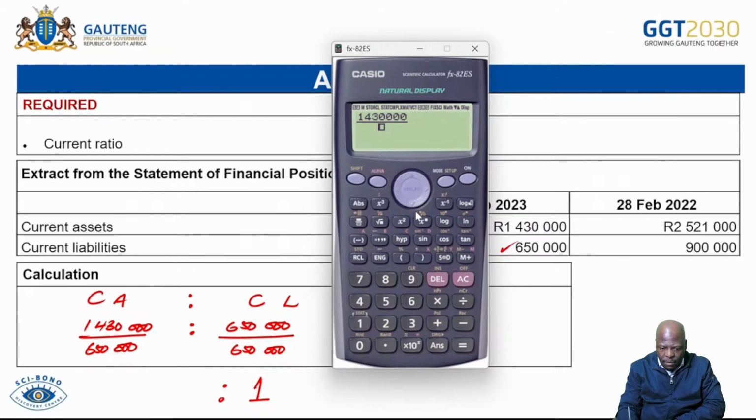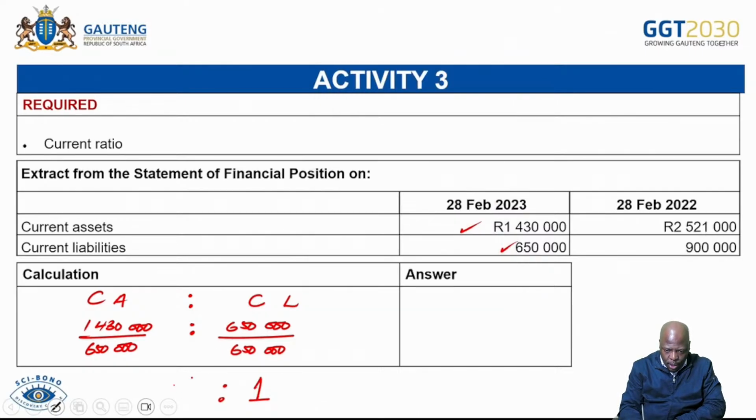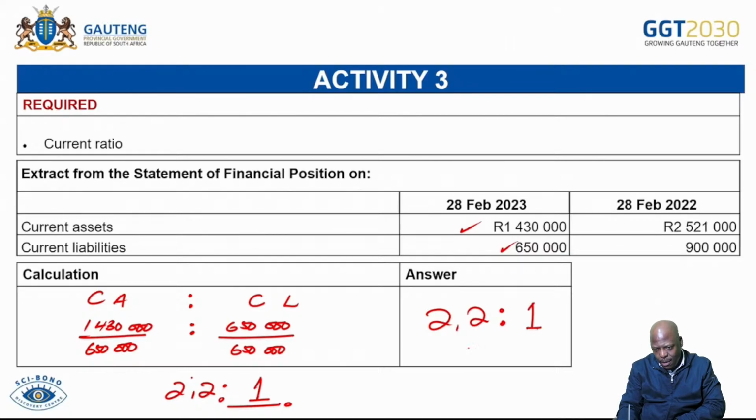We're dividing that by 650,000. And that is going to give us 2.2. So the answer becomes 2.2 : 1. That is my answer there.